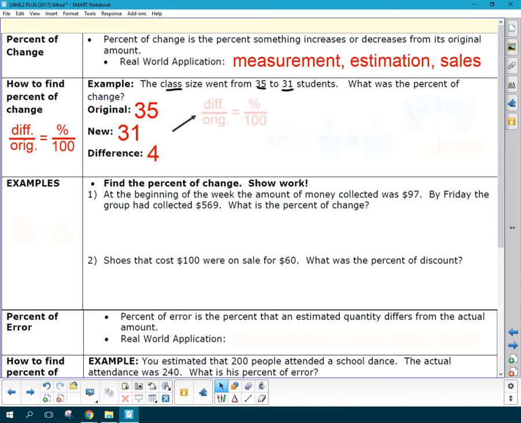Using that proportion, I would take 4 and put it over 35, because out of the 35 students, 4 of them left.